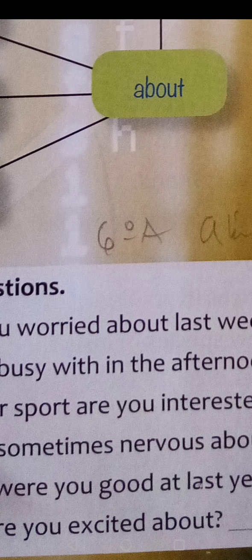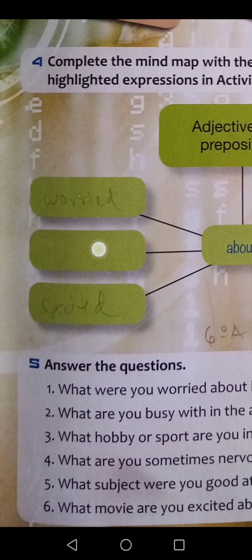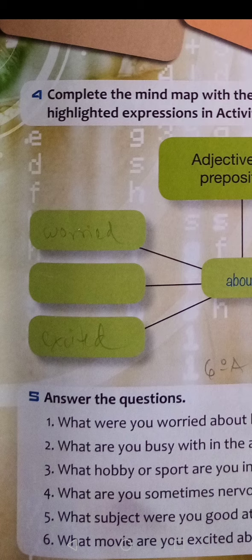Ustedes están con su libro, la imagen solamente es de referencia. 5. What subjects were you good at last year? Más o menos sería en español, ¿en qué materia eras bueno el año pasado? ¿En qué materia eras bueno el año pasado?